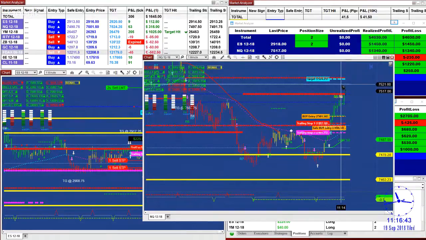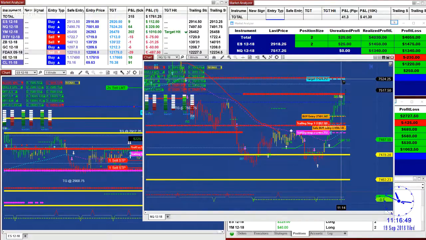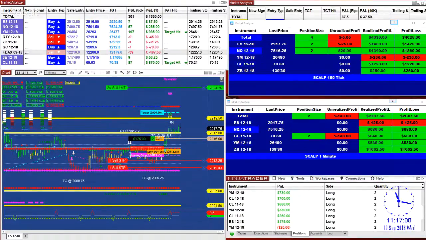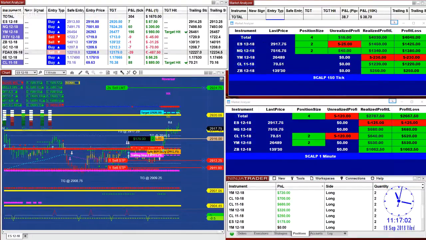We still have a small bumper at 21 level, and then we are hitting a final target at 24.25. 57 ticks into the last signal on the NASDAQ, and 7 ticks on the ES.